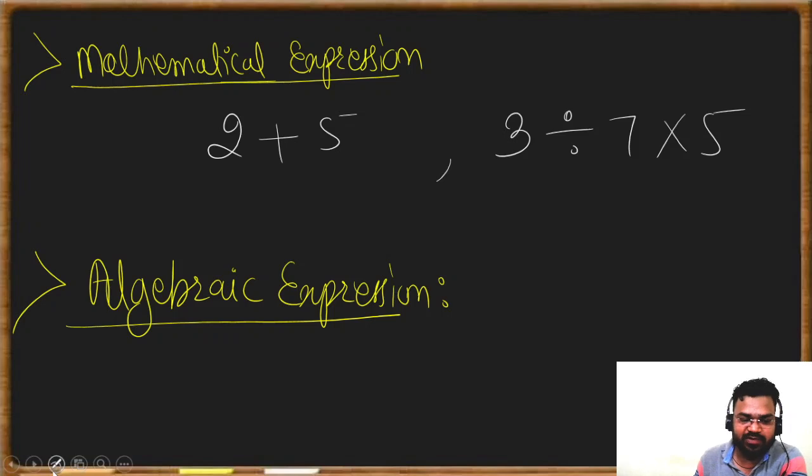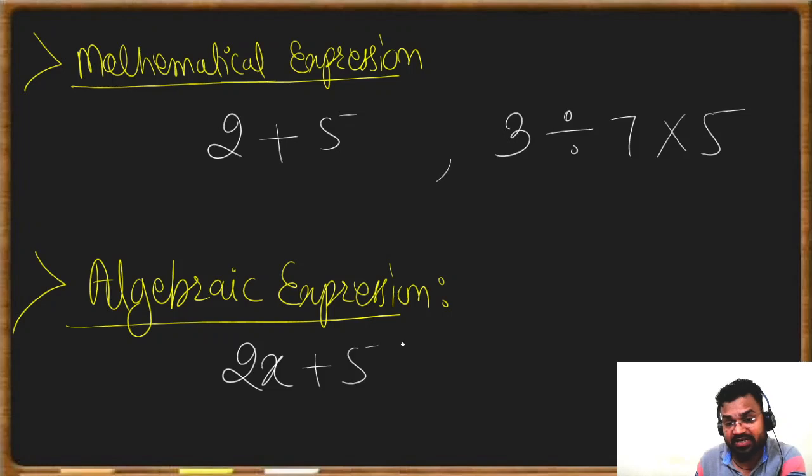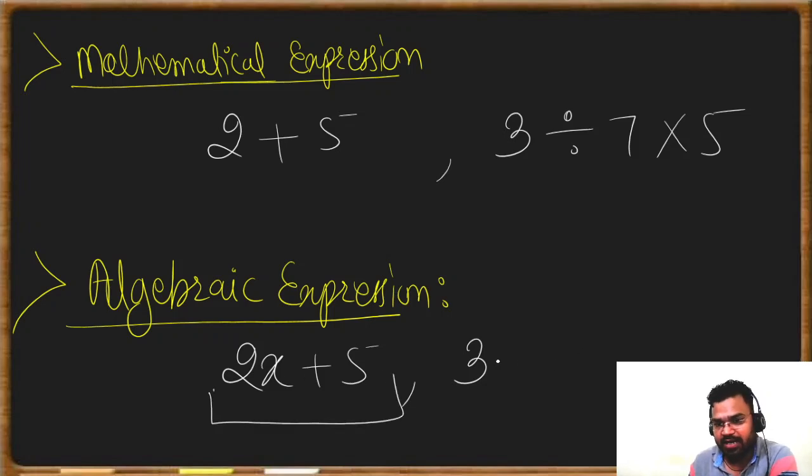So simply, an algebraic expression is a combination of constants, variables and operations. Yes or no? You can add 1, 2, 3, 4 variables in this expression. Here we added one variable only, and 3x divided by 7y into 5 is another example of an algebraic expression which contains two variables.